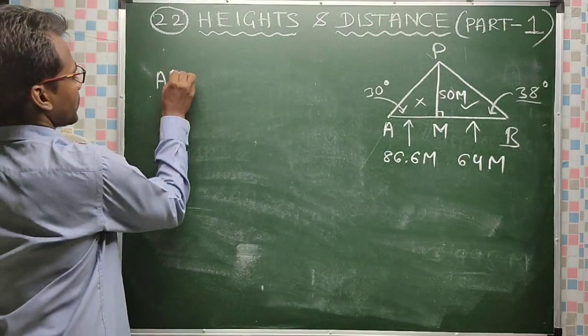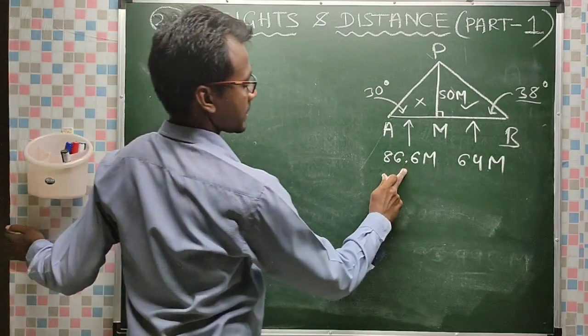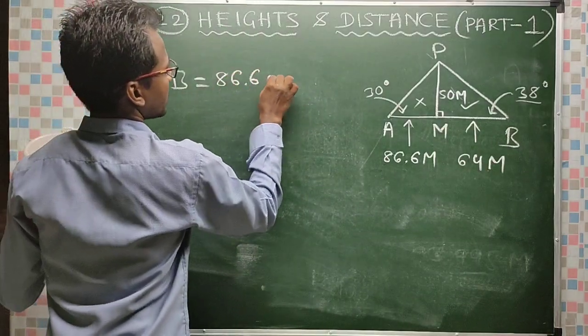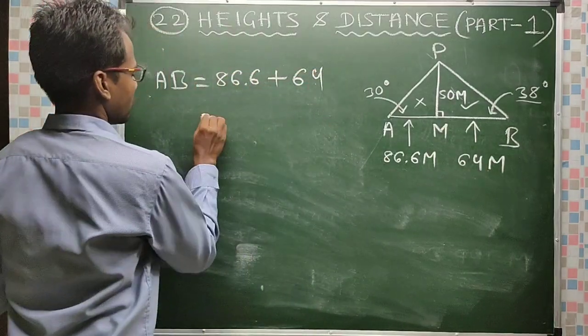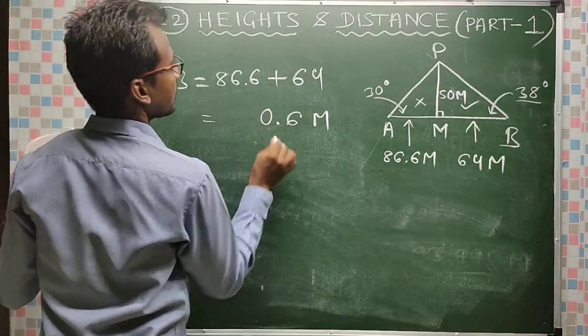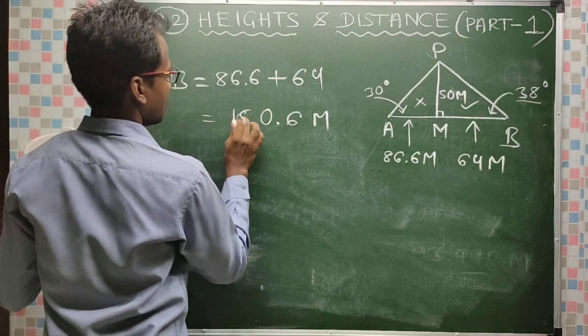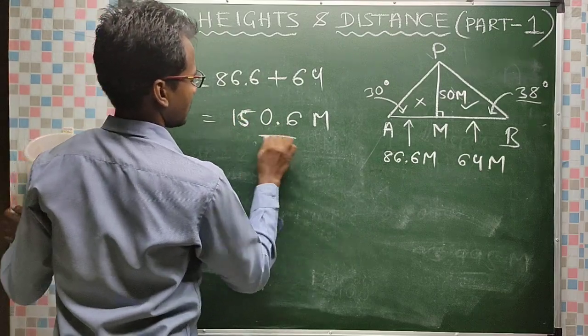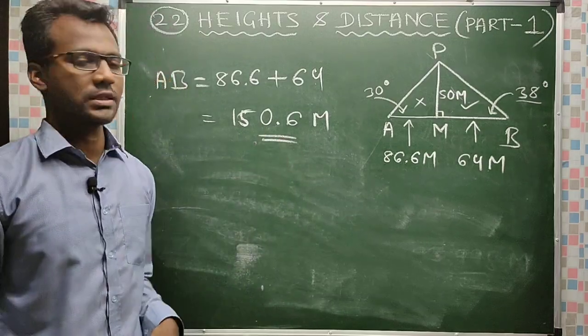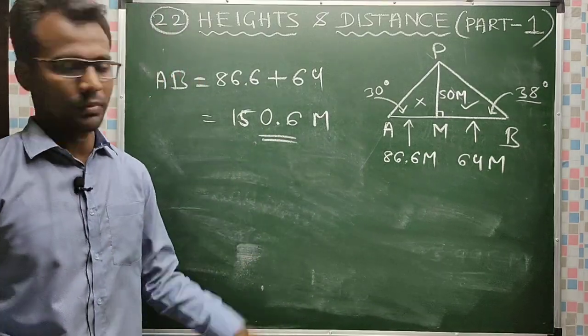So AB is equal to 86.6 plus 64, that will give you 150.6 meters. Okay, 150.6 meters. This is the distance between the two people.